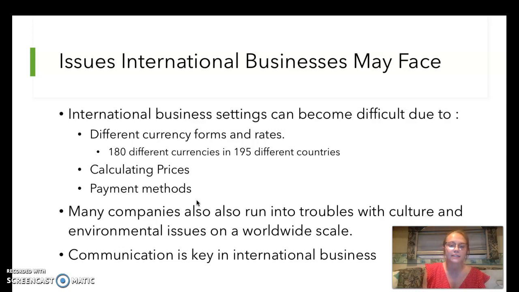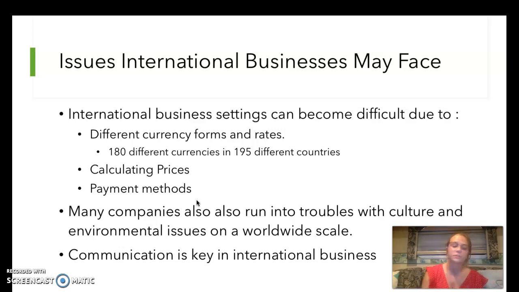When calculating prices, international businesses should make sure that they are aware and consider the different fluctuating currency rates. Also, a great way to boost revenue in an international business is to find a way to use universal payment methods such as PayPal, and these are even one of the best ways to accept the global currencies.